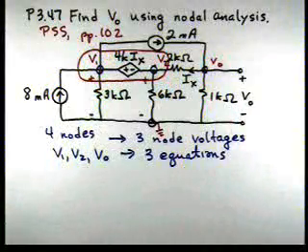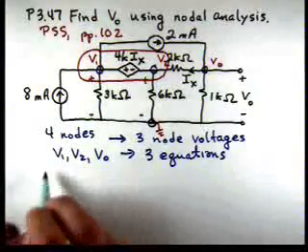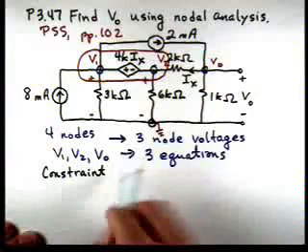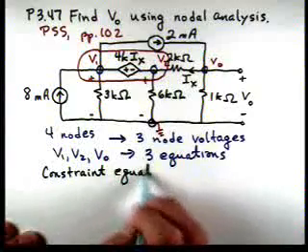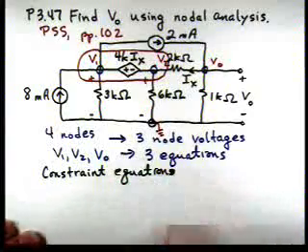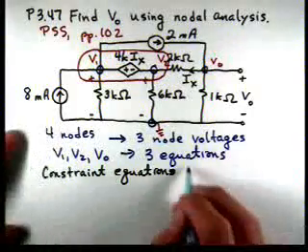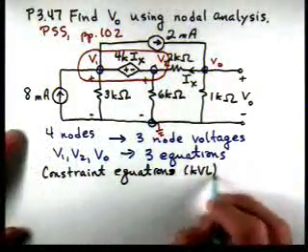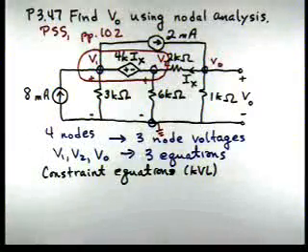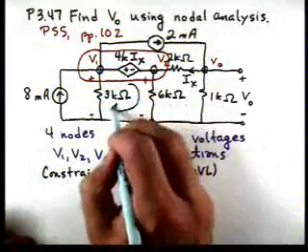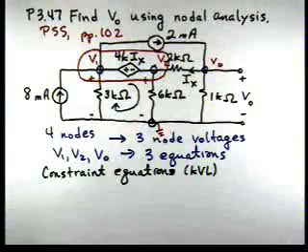And let's start off and determine the constraint equation for that supernode. And remember, we're going to use KVL for that, and we're going to apply KVL around that loop to get the supernode equation.